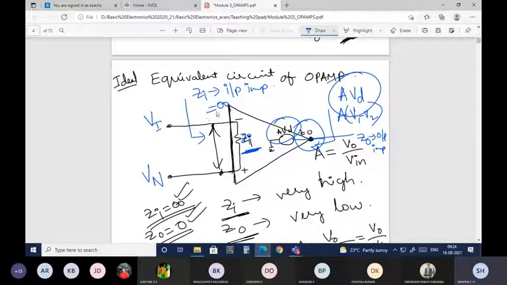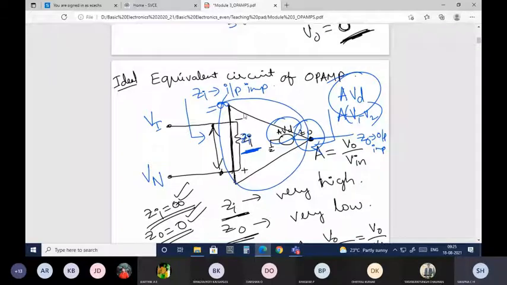Input impedance should be equal to infinite. Only when your input impedance is infinite, whatever input you are giving here will appear across the amplifier circuit. So that's why Zi should always be infinite. In the same way, Z0 is the impedance as you are seeing from the output terminals.